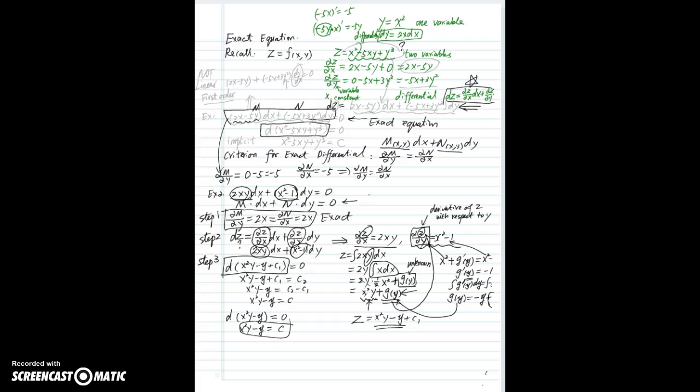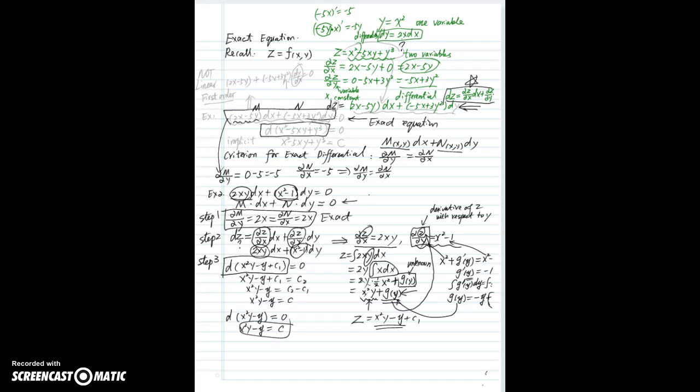If we plug it into the formula, dz in this example will be partial z over partial x, that's 2x minus 5y, times dx plus partial z over partial y, that's negative 5x plus 3y squared, times dy. So this is the differential.